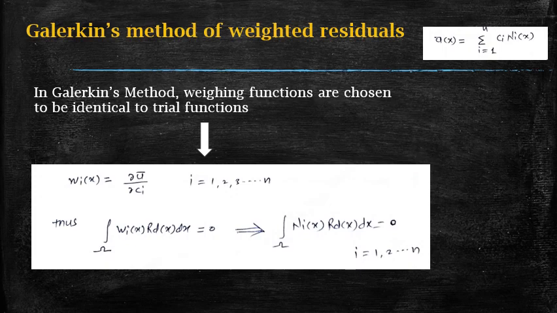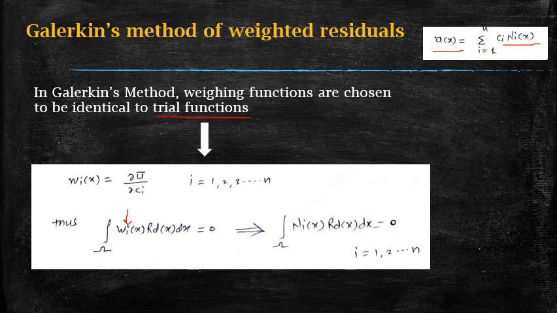This was our assumed trial solution, u bar of x is equal to summation i equals 1 to n of ci into Ni of x. So these weighing functions are chosen to be identical to trial functions.